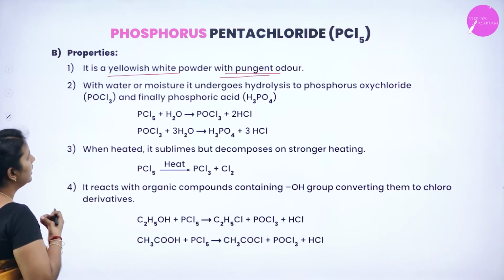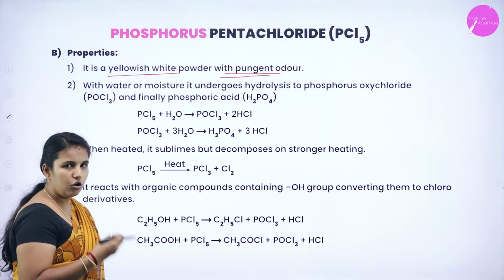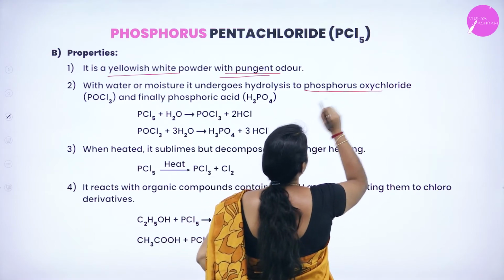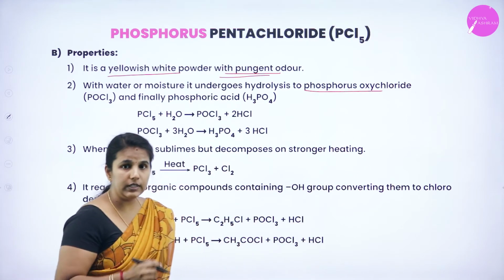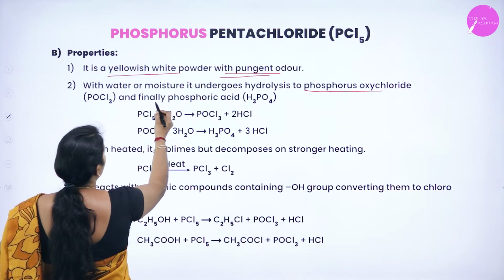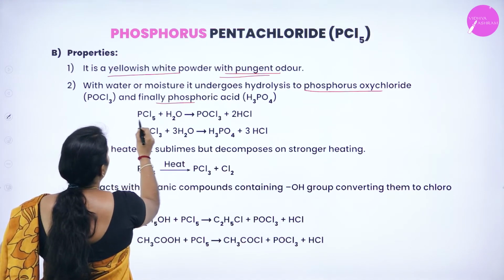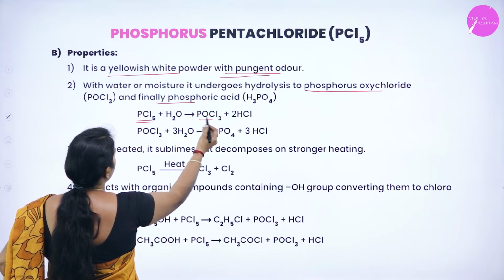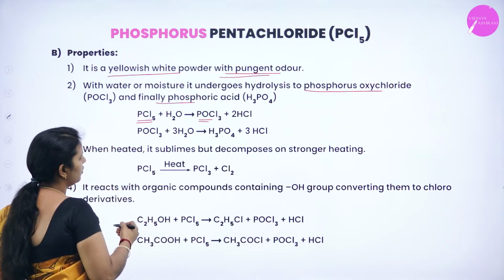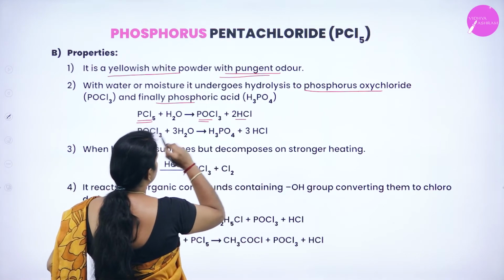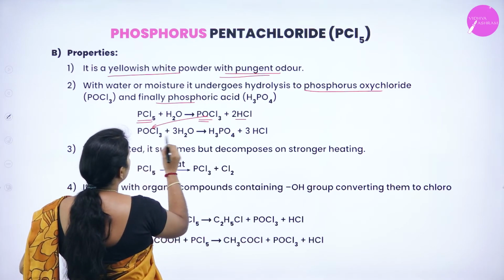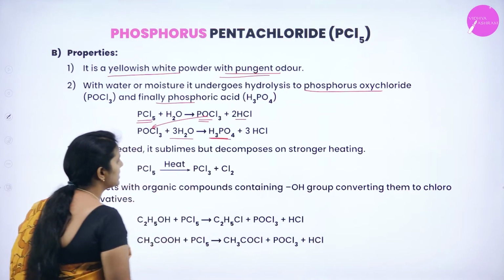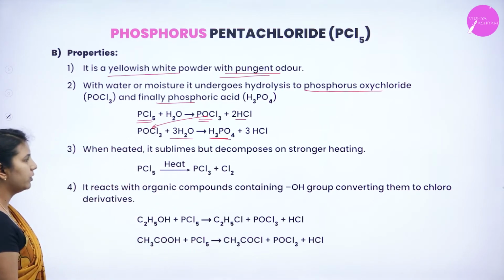With water or with moisture, it undergoes hydrolysis and gives rise to phosphorus oxychloride, which upon further hydrolysis gives rise to phosphoric acid. So I will take phosphorus pentachloride which upon hydrolysis with water forms what? Phosphorus oxychloride with the formation of HCl.